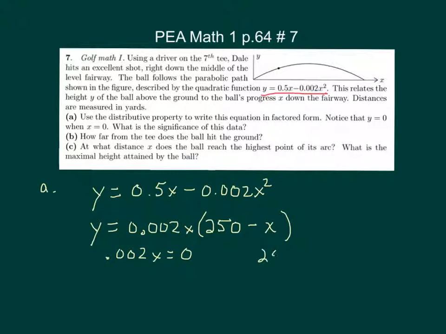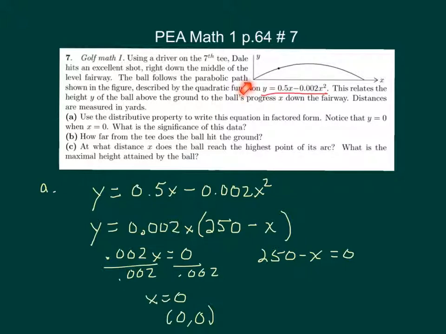And 250 minus x equals 0 gives us another intercept. So when I divide this by 0.002, I get x equals 0, which means the 0,0 is an x-intercept, and we can kind of see that right here. The second equation, we can add the x to both sides. You get 250 equals x.